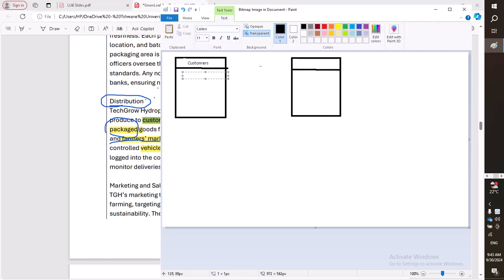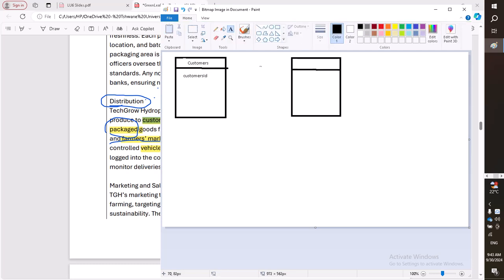And when you're writing the attributes, they must start with a small letter. For Customer, I will say id. You use the camelCase technique when you are writing the names.